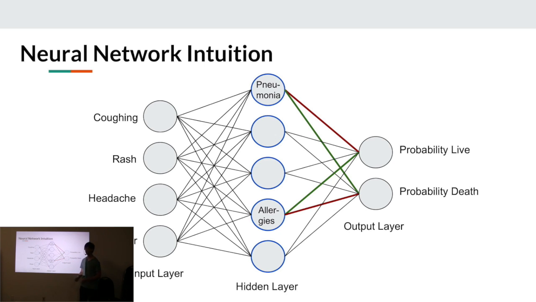Right now I'm using terms like strong indicator and negative indicator. Pneumonia is a strong indicator of death, but a negative indicator of life, because if you have pneumonia, you might not live. What this really means is that these connections have a positive weight or a negative weight: the green connections have a positive weight, and the red connections have a negative weight.